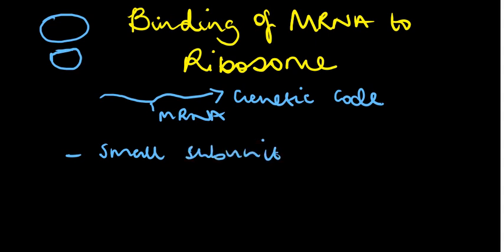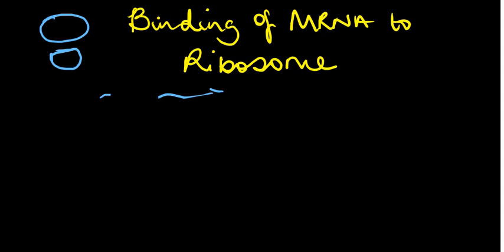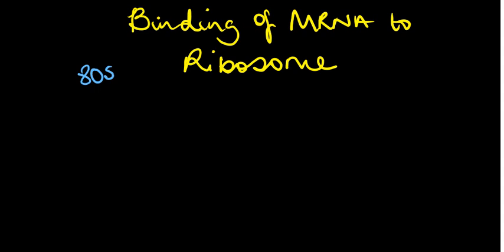So the small subunit is what comes to bind on this messenger RNA. The small subunit and the large subunit of the ribosome unite to make a complete ribosome. So like we said, in eukaryotes, our complete ribosome is 80S, but our large subunit is 60S and our small subunit is 40S.